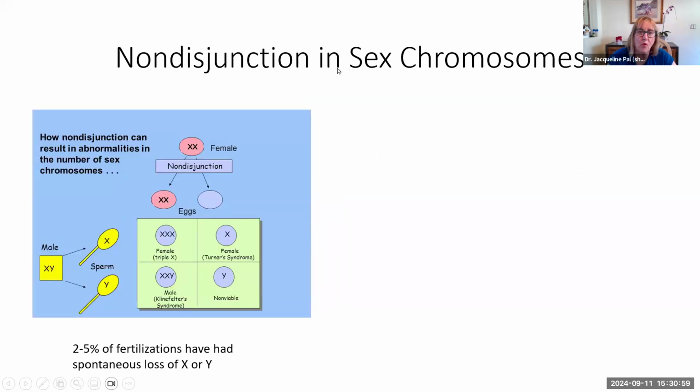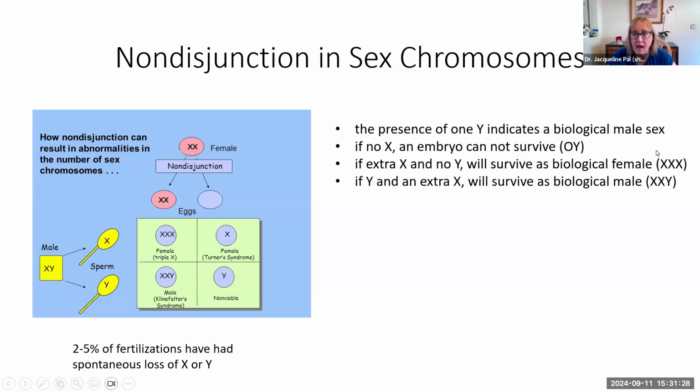So as I showed before, we can have non-disjunction in sex chromosomes. And in fact, we do know that up to 5% of fertilizations do have spontaneous loss of X or Y chromosomes. And only the total loss of the X with a Y is non-viable. It is very viable to have multiple X's, to have 2 X's, 3 X's, 4 X's with a Y, and to survive as biological females and biological males.